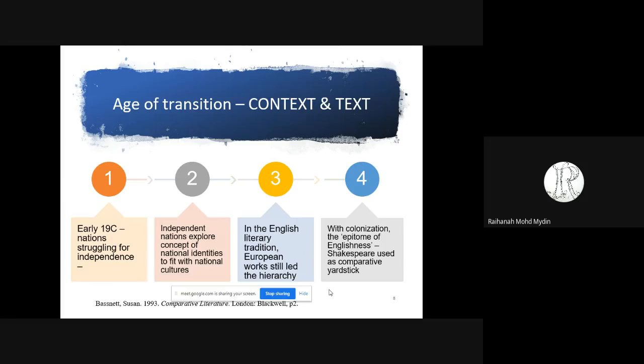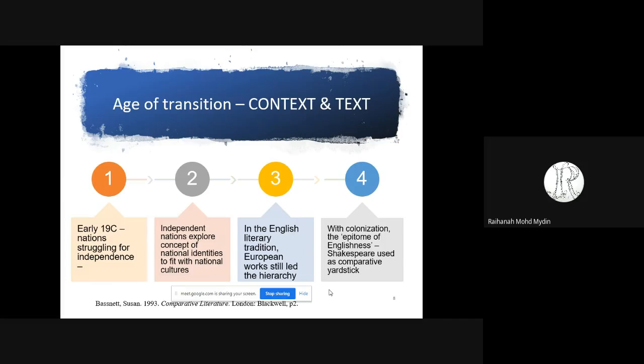If you think about the English literary tradition, they tend to be very much in the top tier in the hierarchy of literature. The English literary tradition tends to lead the way. European works tend to lead the way in terms of the hierarchy, right?